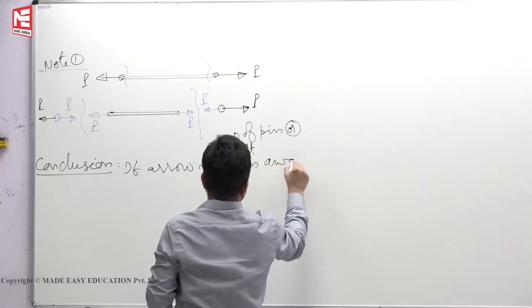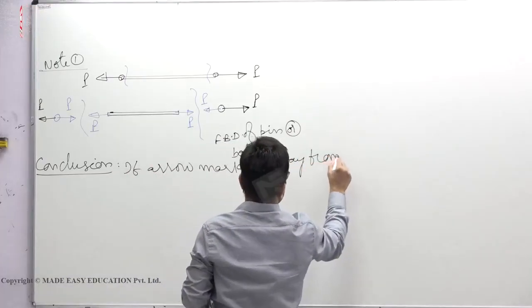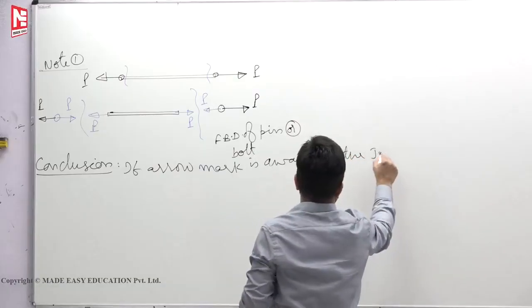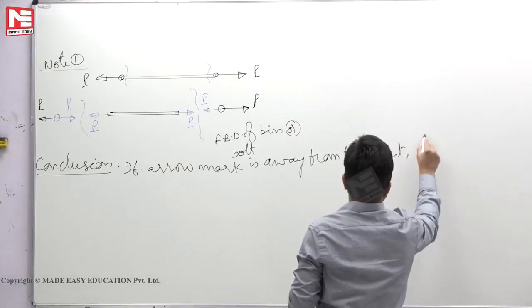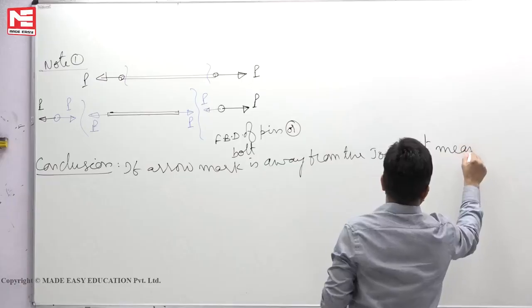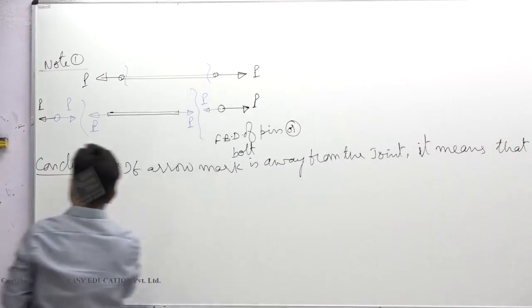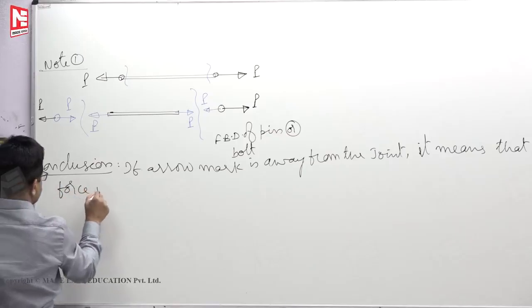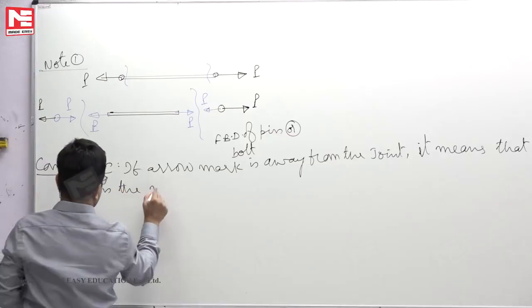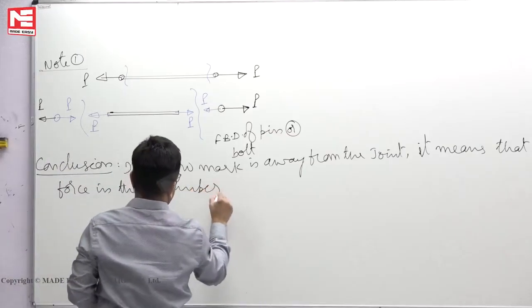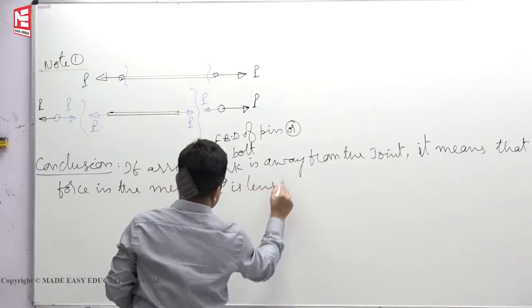If arrow mark is away from the joint, it means that the force in the member is tensile.